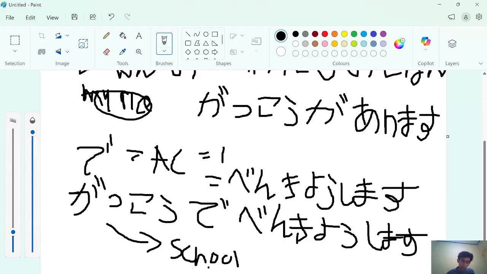Gakkou de benkyoshimasu. So it means learn at school. So technically you can translate de as at in English.